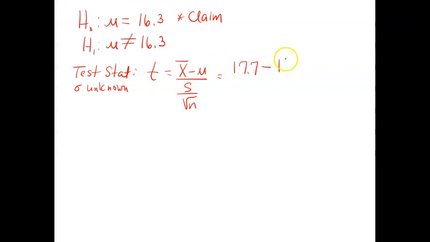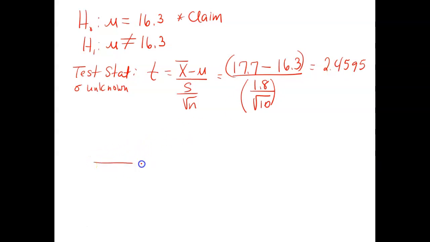My population mean, the claim that I'm testing, is 16.3. The s is 1.8, and the n is 10. Be sure you have parentheses so that we don't get an order of operations error. And we get 2.4595.